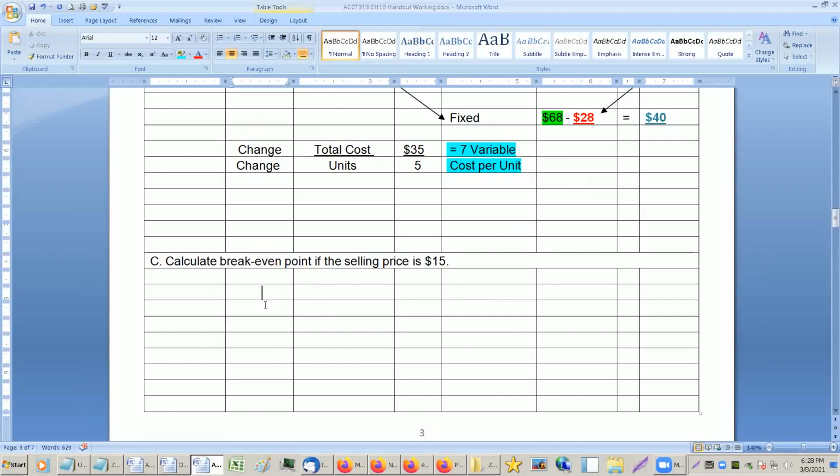The selling price is 15. Okay, so this is kind of like what we did before in chapter 3. Sales, variable cost, fixed cost.